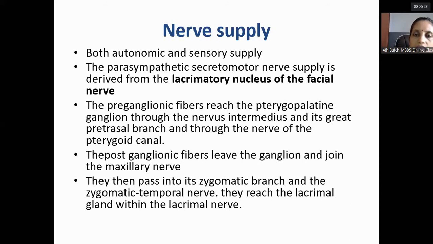Preganglionic fibers reach the pterygopalatine ganglion through the nervus intermedius and its greater petrosal branch, and then the nerve of the pterygoid canal. Postganglionic fibers leave the ganglion and join the maxillary nerve. They then pass into the zygomatic branch and the zygomaticotemporal nerve. They reach the lacrimal gland within the lacrimal nerve.